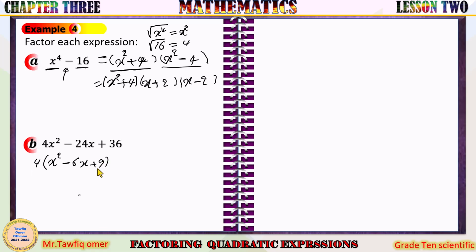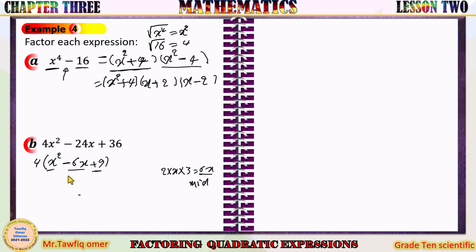And after that, as you can see, the first one is positive and the third one is positive too, and 2 times the square root of the first one times the square root of the third one, which is 9, the square root of 9 is 3, is equal to 6x, which is the middle term.